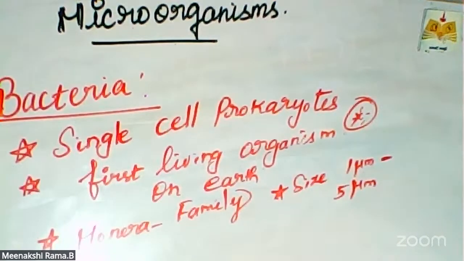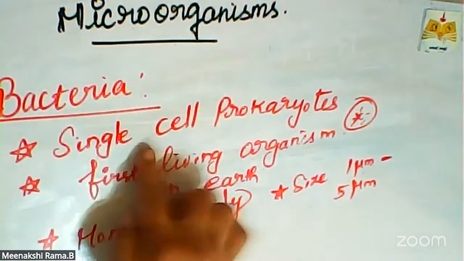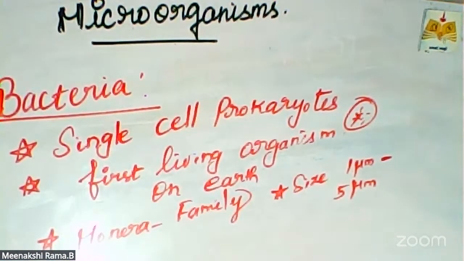Bacteria are divided into two types based on the respiration. What is bacteria? Bacteria are single cell prokaryotes, meaning the cells are without nuclei.